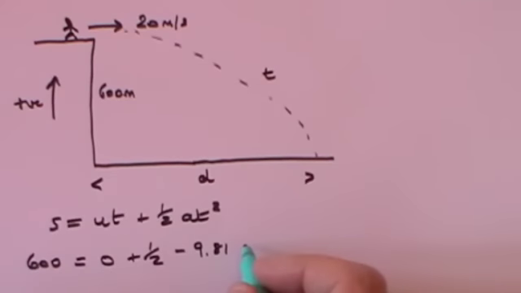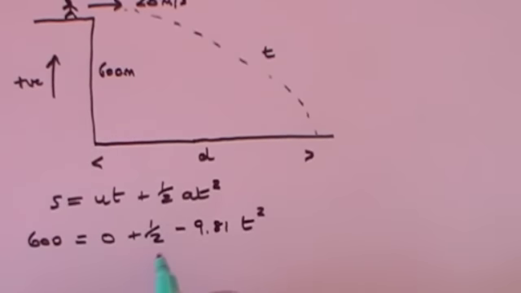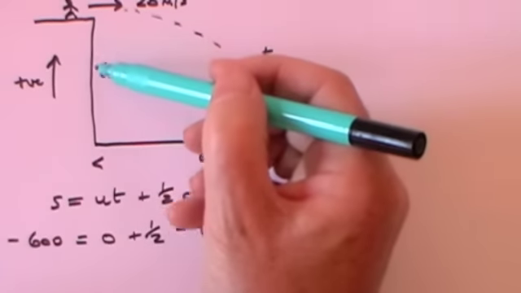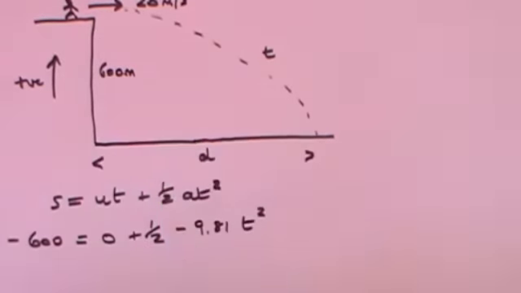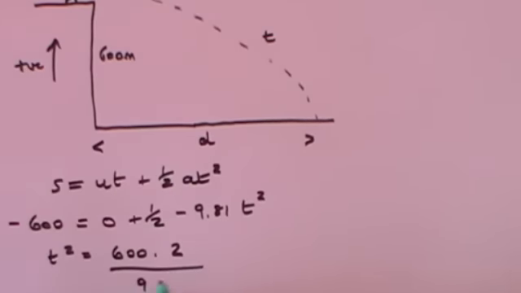And t squared, well, t is what we're trying to find. In fact, this is minus 600 because technically the distance is measured downwards and the positive direction is upwards. So now we get that t squared is equal to 600 times 2 divided by 9.81.